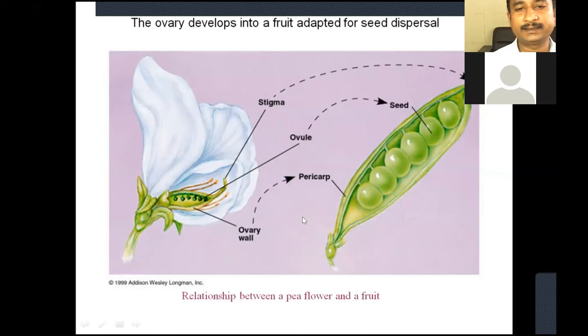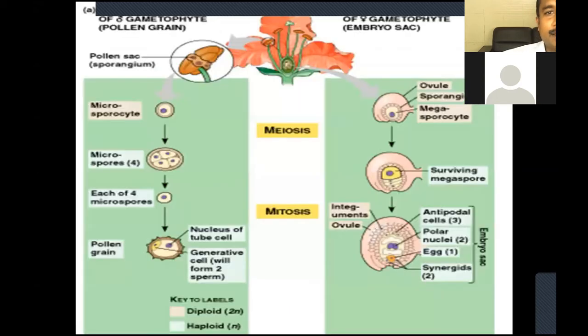These are the three important points: ovule becomes the seed, stigma becomes the beak, and ovary wall becomes the protective fruit coat.